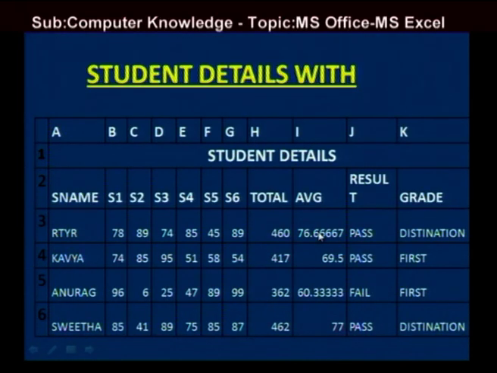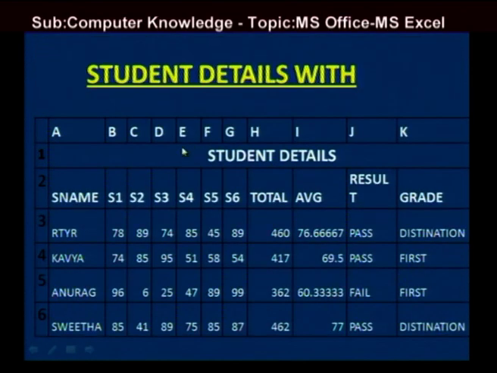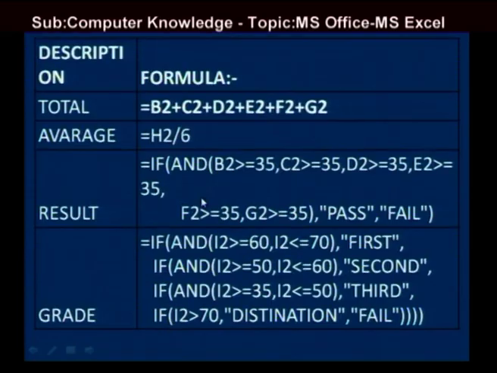Total is in the H column, second row, and the total number of items is 6. So, H2 by the number of items, 6, is the average formula, only in this format.